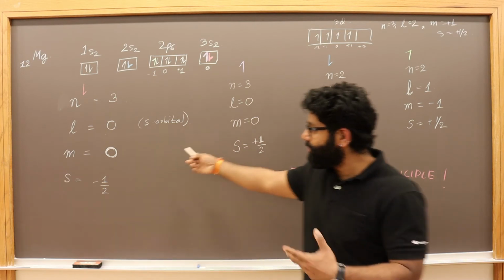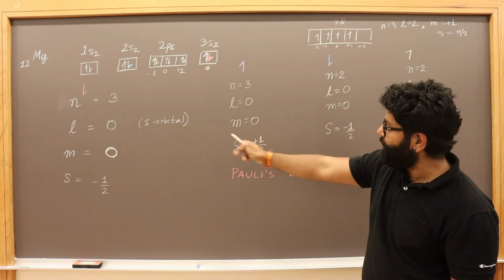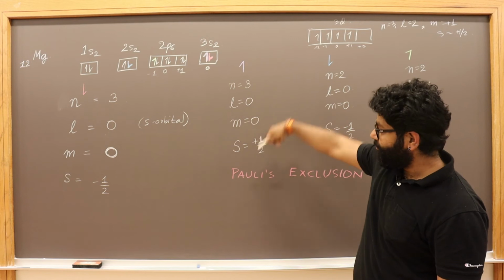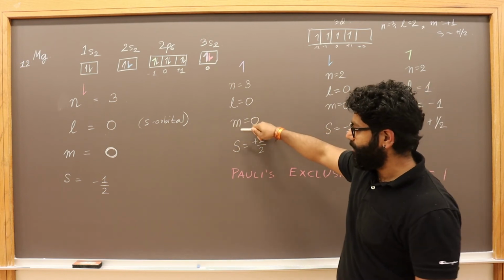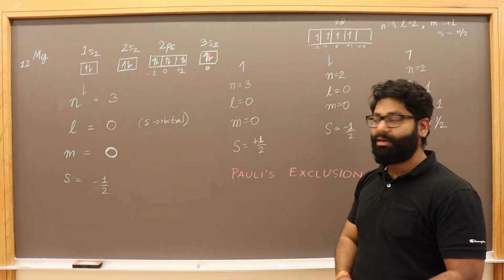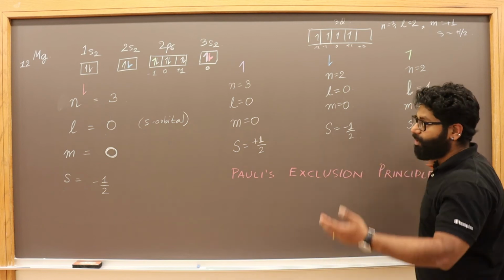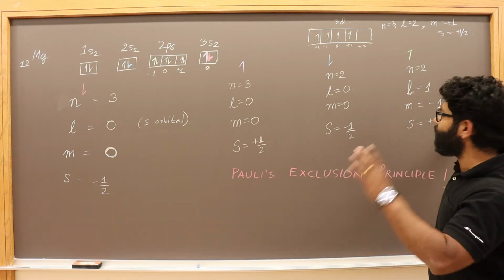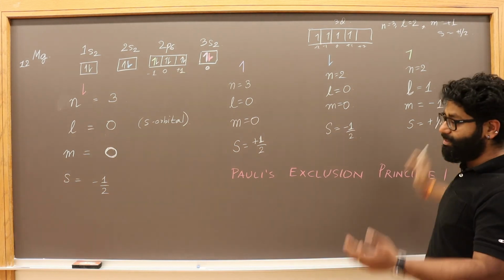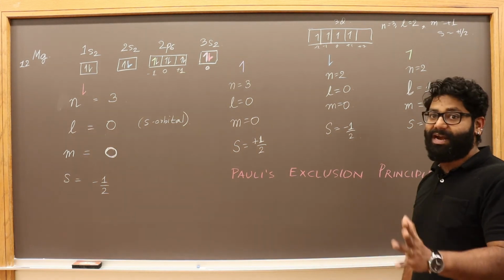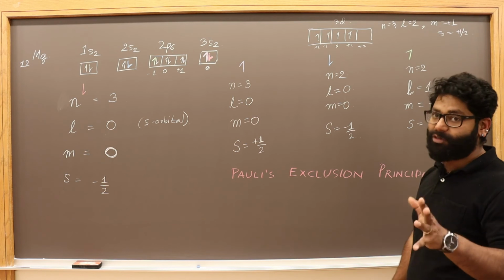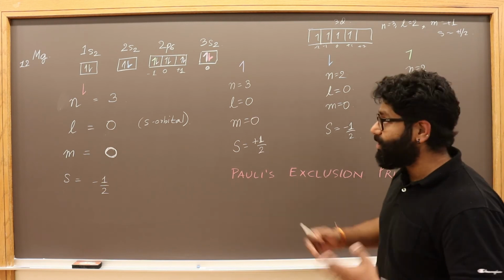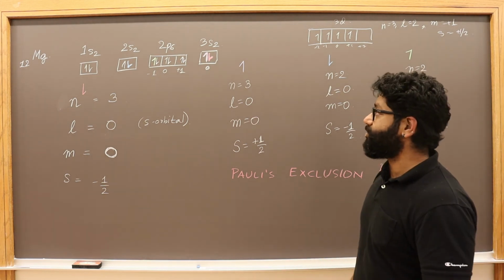In this case you can see these two have 3 of them similar, N, L, and M, but the S becomes different. This will be true for all the electrons. You can have 3 similar, but the last one will be different. The maximum number of similarities can be 3. It cannot have 4 similar. It can also happen that all of them are different.